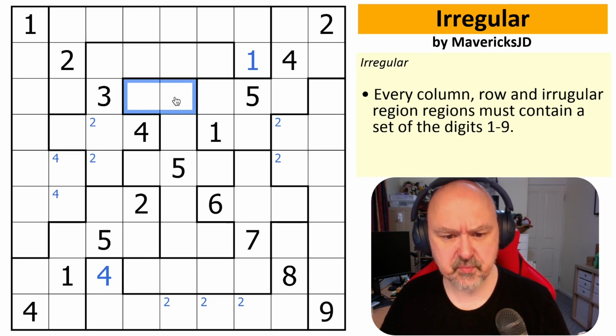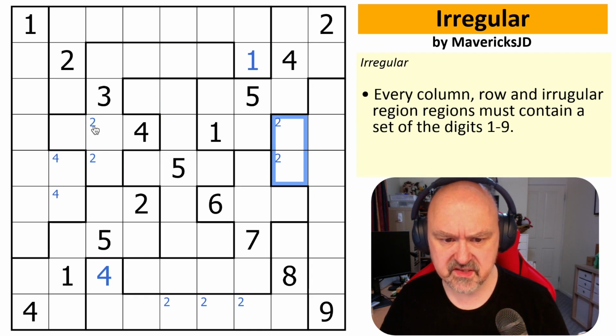Now, 2 in this box is interesting. It's in one of those 3 cells. And the reason 2 can't go in these is 2 is now restricted to those cells in these rows. This is sort of an X-wing in 2s.